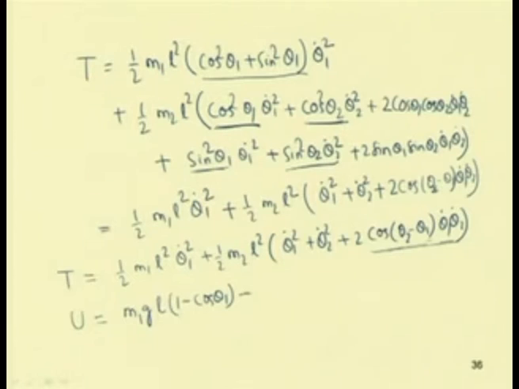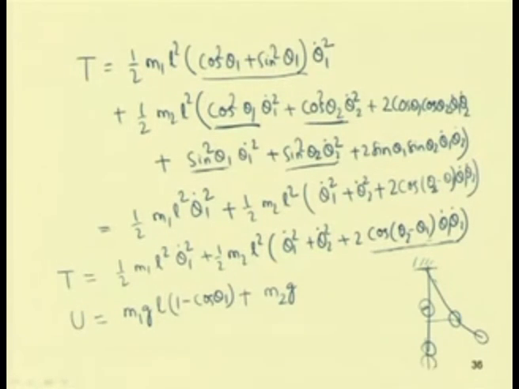Similarly, for the second mass, we can write the potential energy m2 into g into its change in position. Initially it was in the vertical position, so initially it was at this position. Now it has come to some other position.